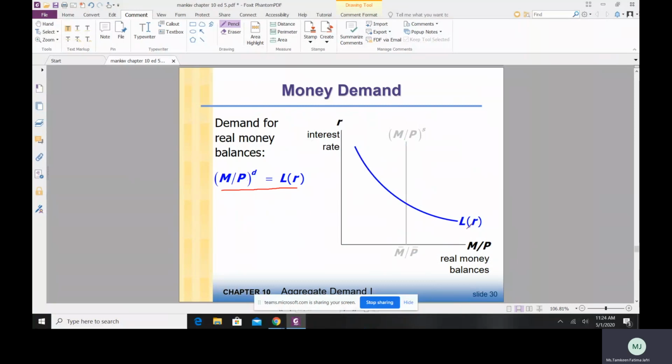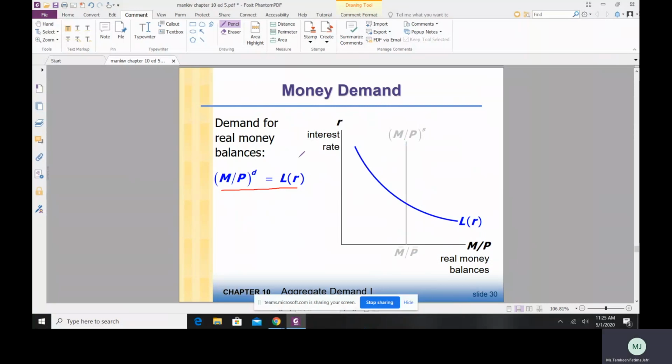Why do we have a negative relationship? I explained to you earlier on कि जब interest rate increase होता है, that means that, you can think of interest rate as the opportunity cost of holding money. अगर interest bearing account में जो आपको return मिल रहा है या जो interest मिल रहा है, that's if it's very high, you would prefer कि पैसा जो है आपका वो उन accounts में पड़ा रहे.